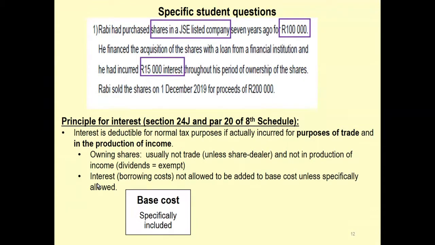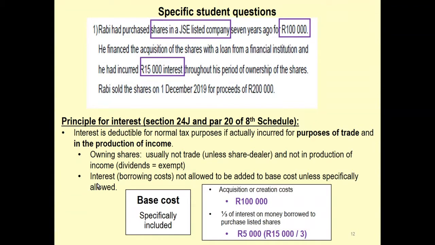For purposes of this particular scenario, what we are allowed to include in base cost is the acquisition or creation costs. How much did it cost this taxpayer to acquire these shares? It was 100,000 Rand.